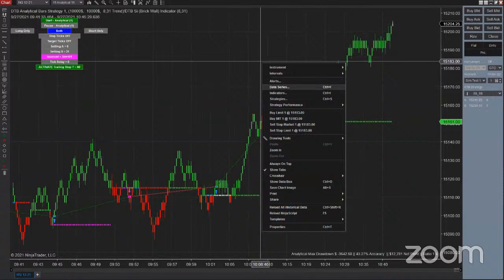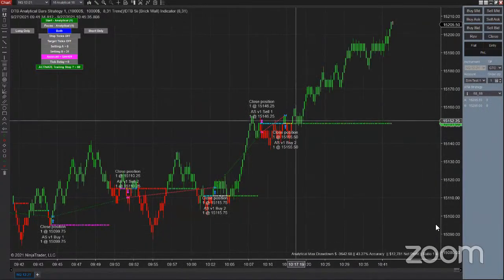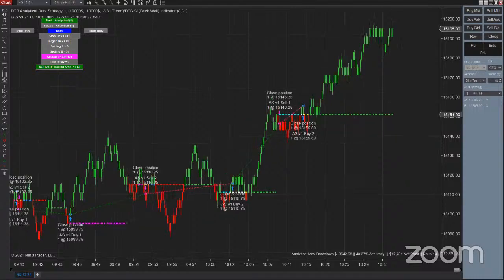If I go to data series and activate the text and the marker, that's going to show you there's the last buy position. That was a beautiful day for this specific setting.